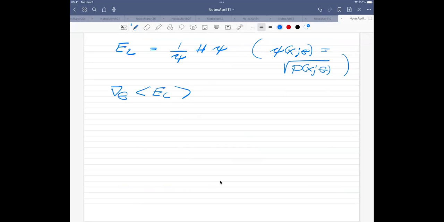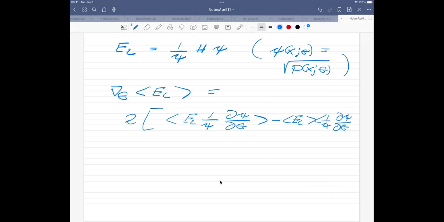And that means that what we need, if we just bring back what we had in project 1, is the expectation value of the local energy multiplied with 1 over psi, and then we have the derivatives. I'm just going to write this as d psi of d theta. So we have the different parameters. This is one expectation value, and then we had the next expectation value, which was E_L, and then we have 1 over psi of d psi of d theta.